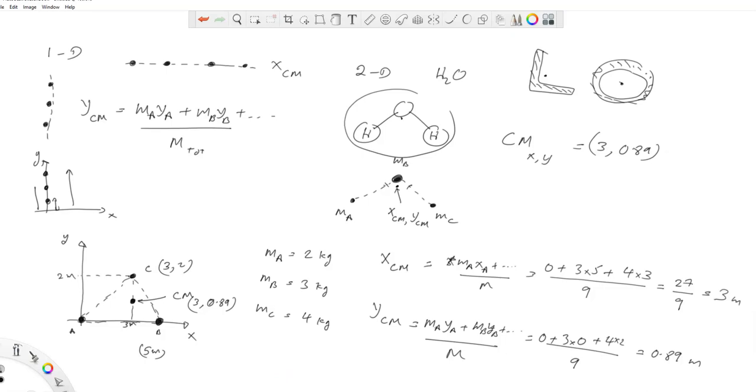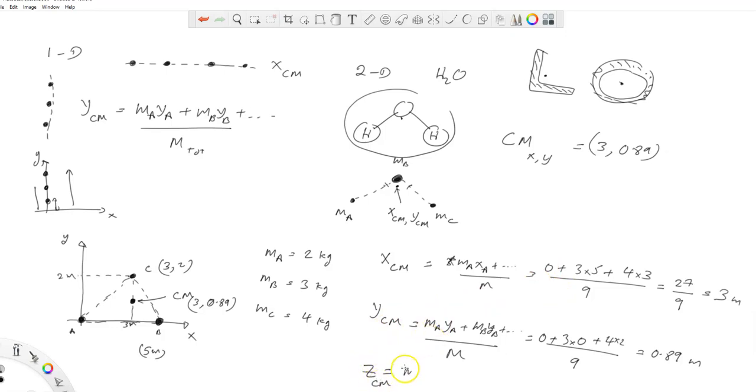Okay, so this is how we find the center of mass. I will post some example problems. We'll go over a few more examples in class, but these are the basics. Now we're not going to go into 3D, but if we have a 3D object, there will be a third one, x, y, z, ZCM, right?